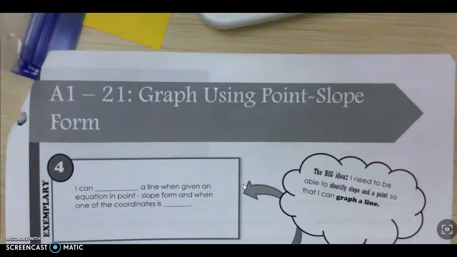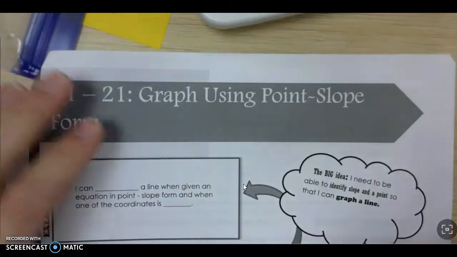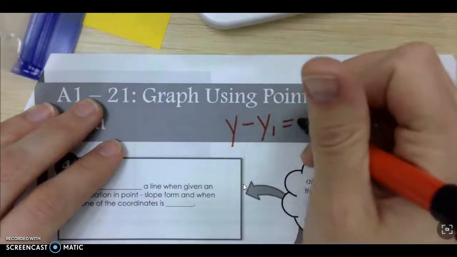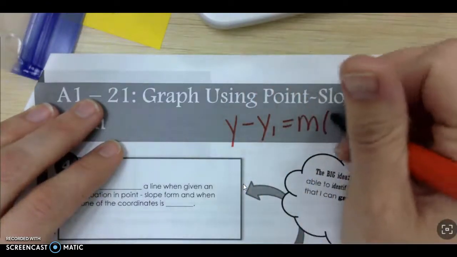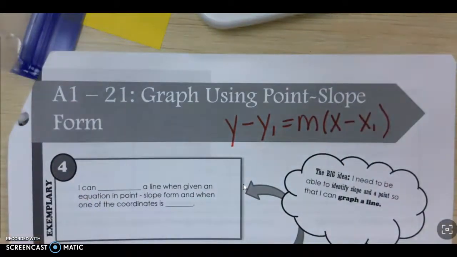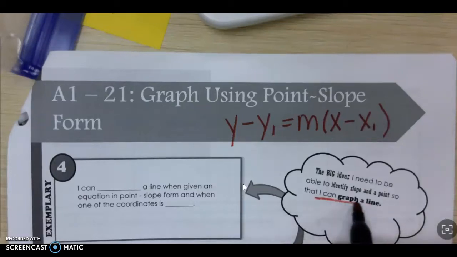This particular standard is about taking that same formula and given the equation, pull out the point and the slope and put that point and slope on a graph. So we are really just worrying about, can I graph a line?